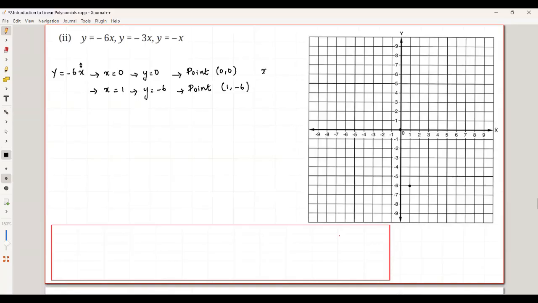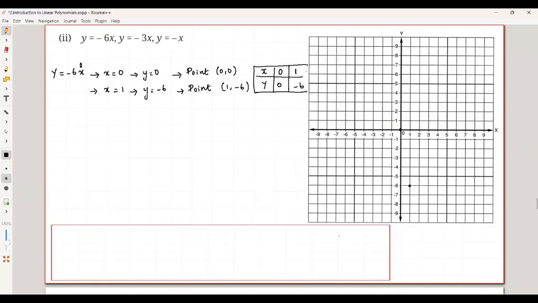How will you write the tabular column? This is x and this is y. If you choose x is equal to 0, y is equal to 0. If you choose x is equal to 1, y is equal to minus 6. Based on this tabular column, we can plot the points.